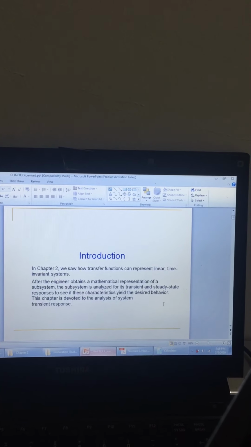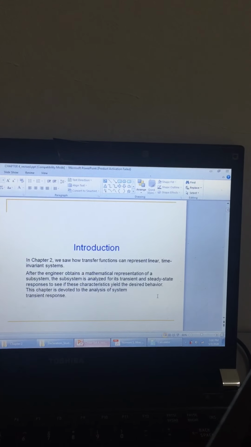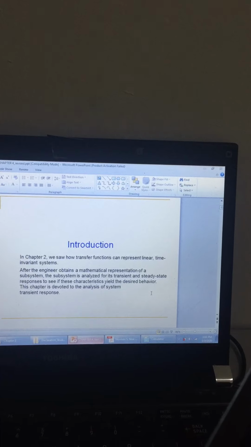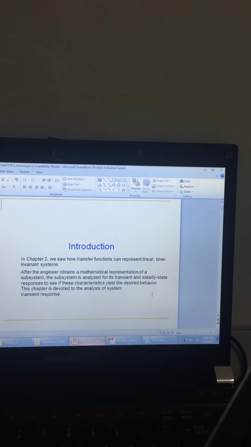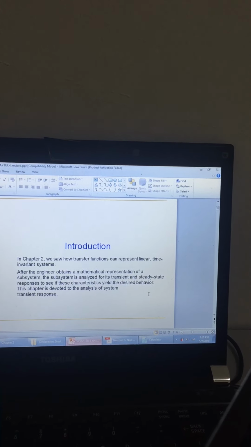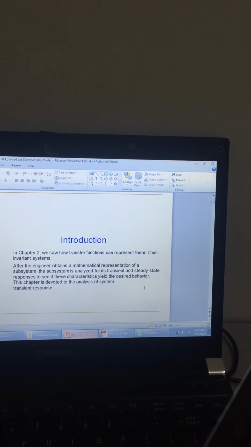But in this chapter, we will analyze the mathematical modeling in the time domain. It means that we will analyze the transient response and steady state response. So let's start.